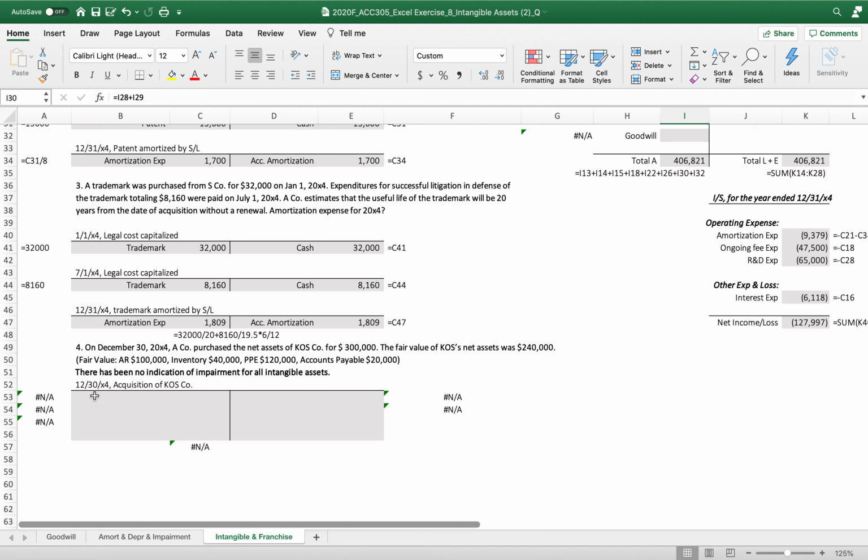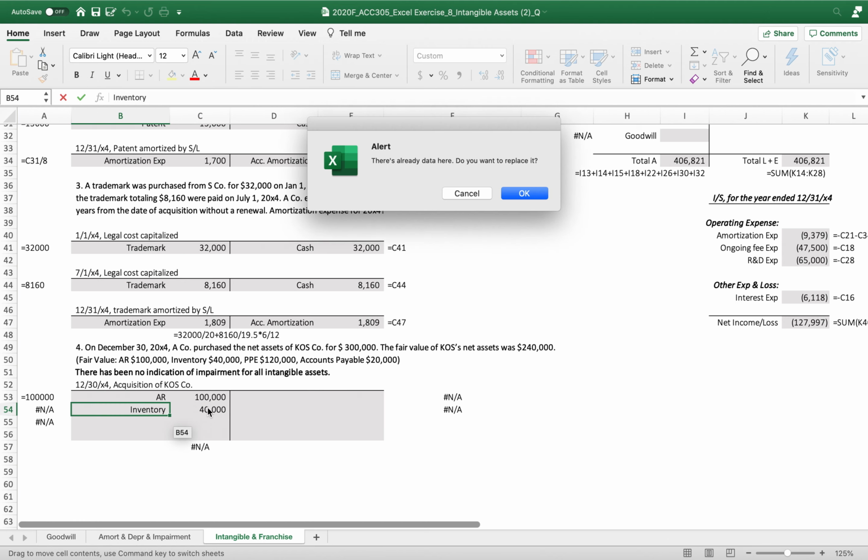Okay, let's put this AR. The AR assumed is $100,000, the fair value, and then inventory acquired from this acquisition is $40,000, and then the PP&E.